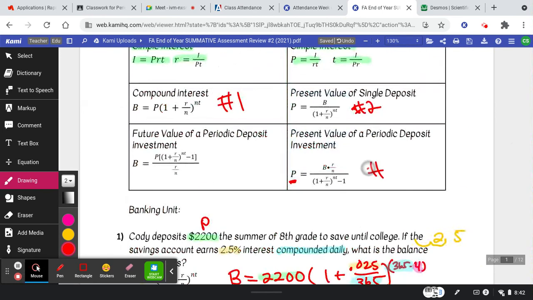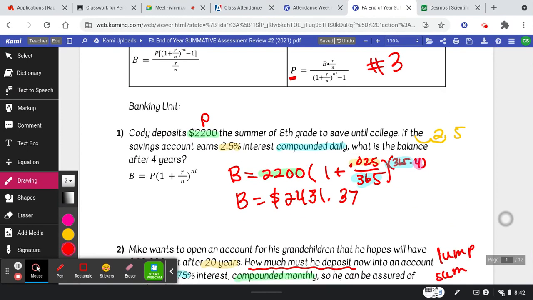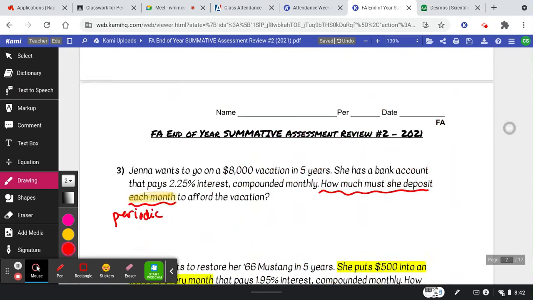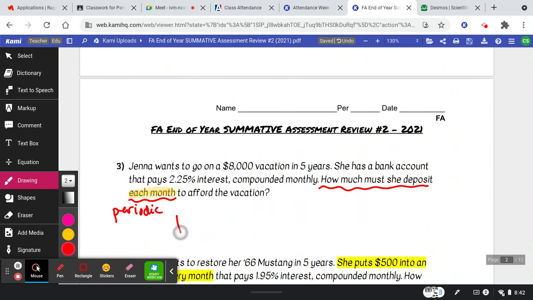This is my number 3. B times R over N over 1 plus R over N to the NT minus 1. So let's go write that. The present value is B times R over N, over 1 plus R over N to the NT minus 1.